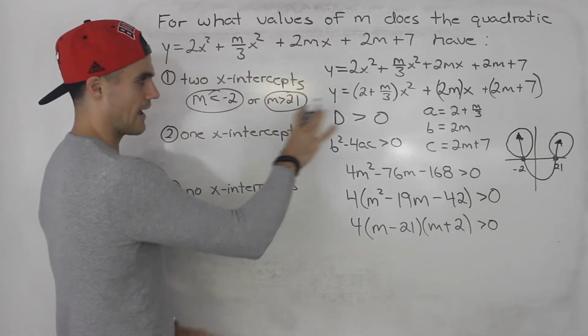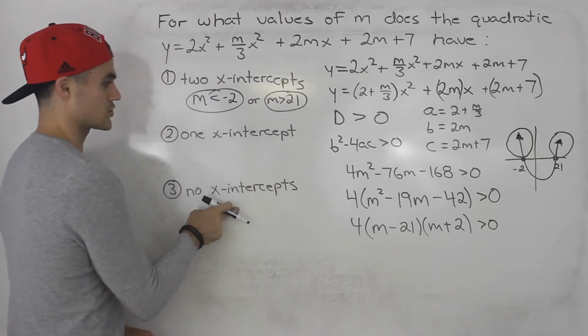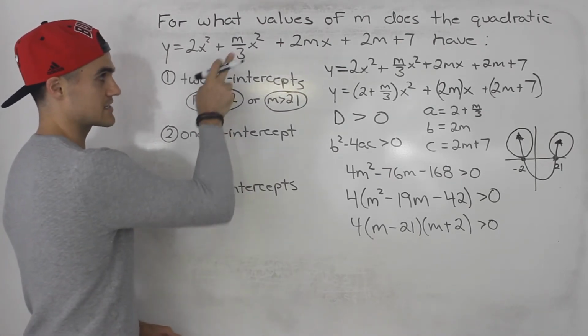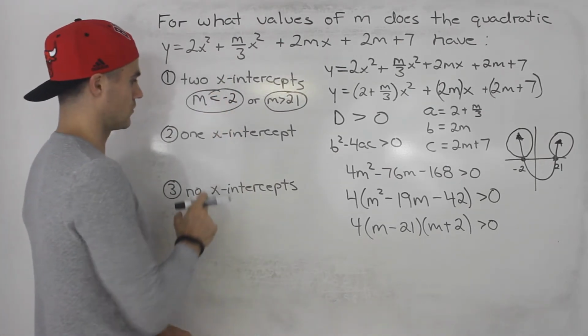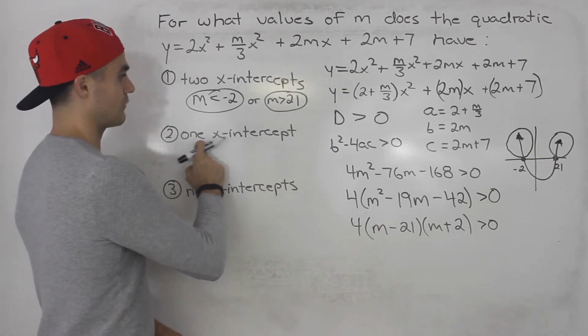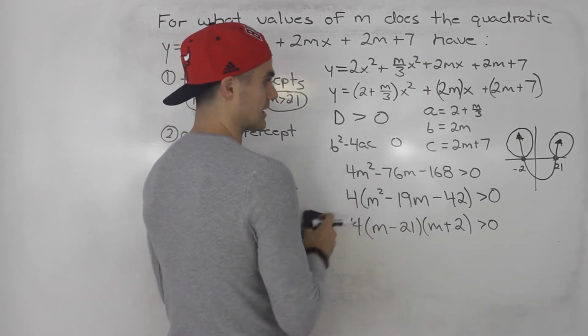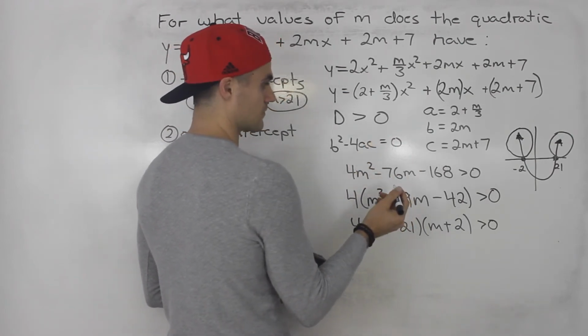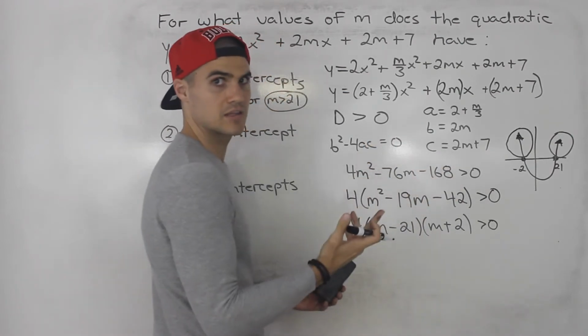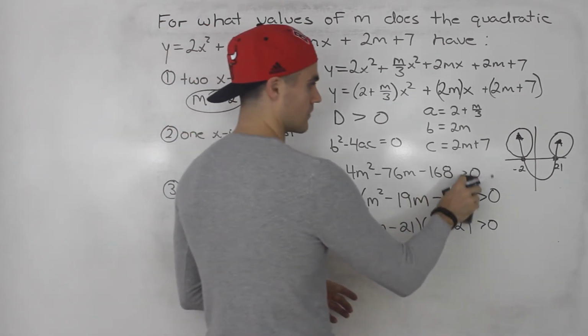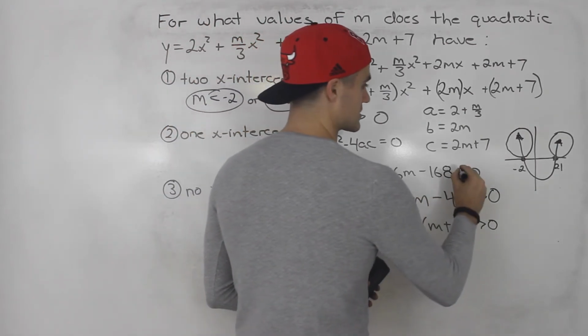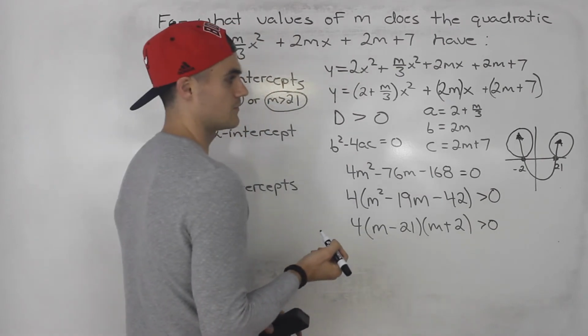And now, since we have all of this, we can actually answer these questions very easily because we're dealing with the same quadratic. So when is this quadratic going to have one x-intercept? Well, that would happen when the discriminant is equal to 0. And because this discriminant is going to be the same quadratic, we're just basically solving when is this going to equal 0.